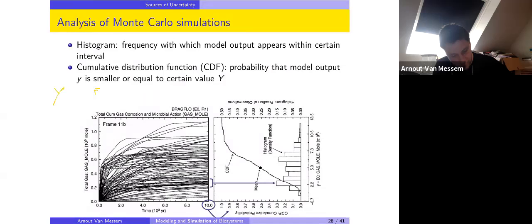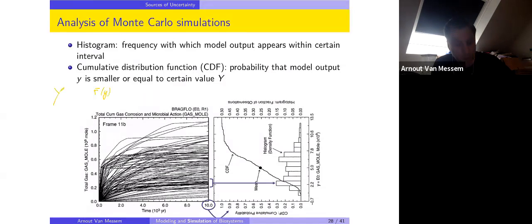Then f of y, the cumulative distribution function for the value y, so this y now is a real one, capital Y is a random variable. I think here it would have been better that this is capital Y and this is small y. But basically, this is by definition the probability that my random variable is smaller or equal than this y.